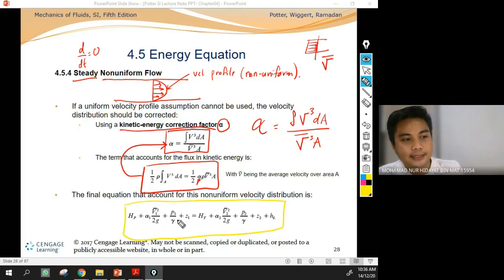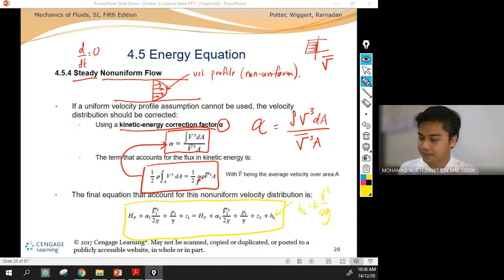The rest is the same. This is the head due to kinetic energy, this is the head due to pressure, this is the head due to elevation. This is the loss, remember the loss K V squared over 2g.